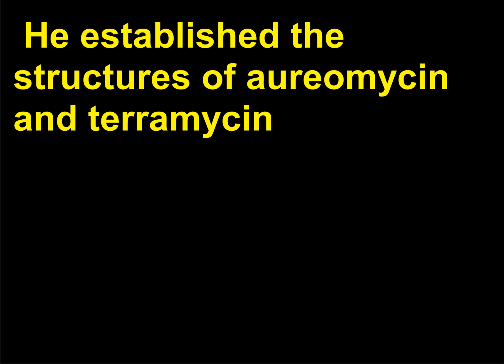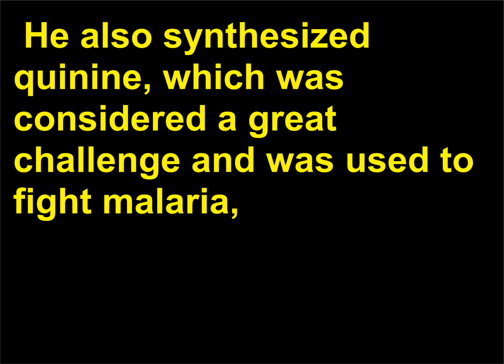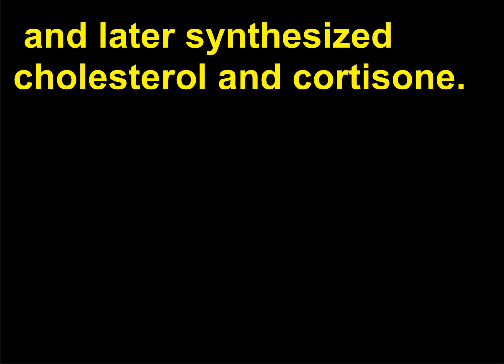He established the structures of aureomycin and terramycin, which are antibiotics, and made possible new synthetic work in this area. He also synthesized quinine, which was considered a great challenge and was used to fight malaria. And later he synthesized cholesterol and cortisone.